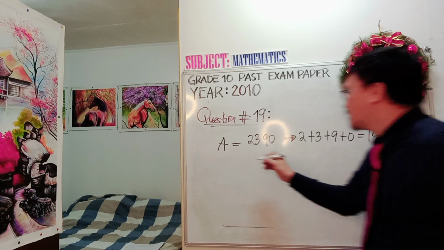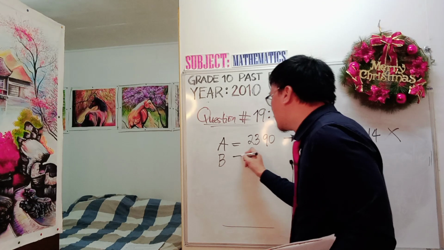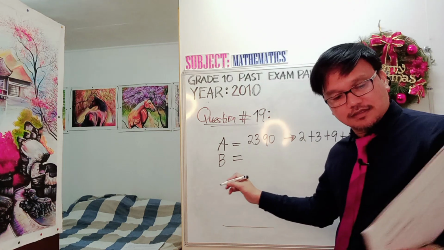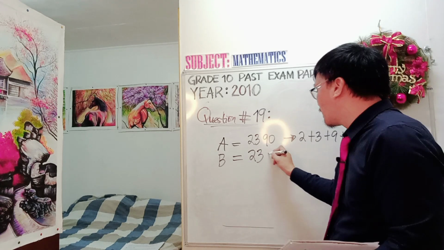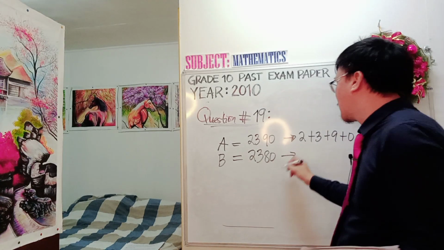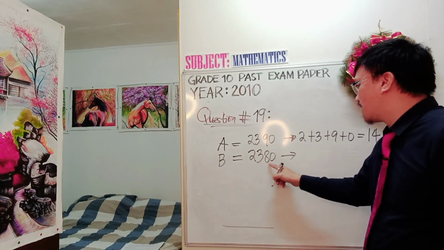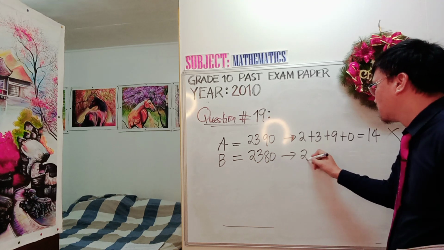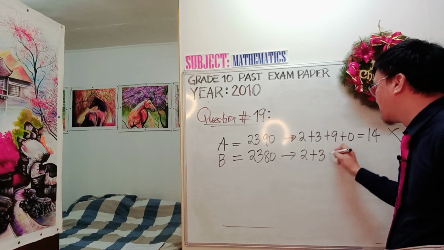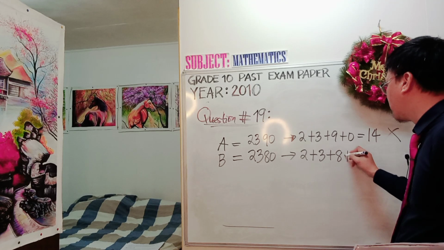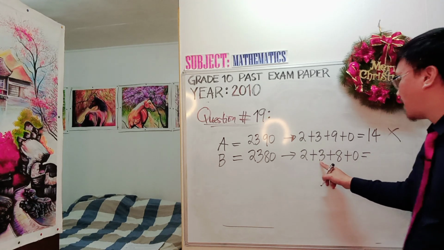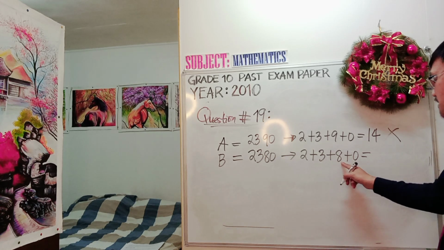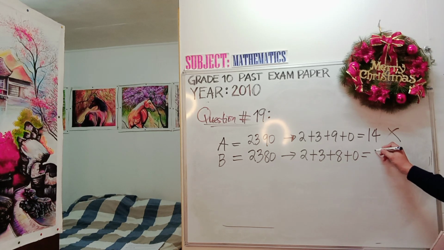No. Letter B, the given number is 2, 3, 8, 0. Let's add: 2 plus 3 plus 8 plus 0 equals... 2 plus 3 is 5, plus 8 is 13.